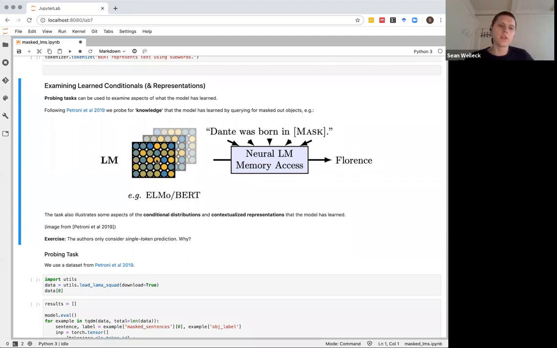Because again, we're just looking at this network that was trained with masked language modeling. We could always fine-tune it to improve its performance on a task. But here we're just asking, due to the masked language modeling alone, has it actually learned some factual knowledge? Okay, so a kind of interesting task.